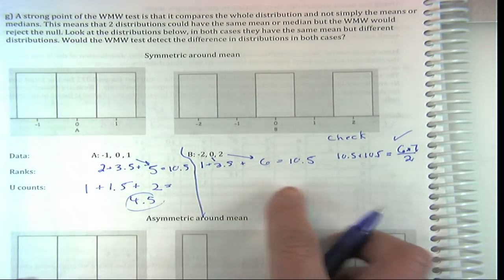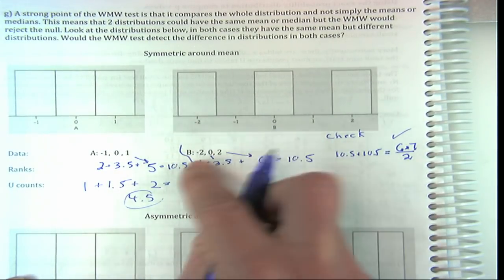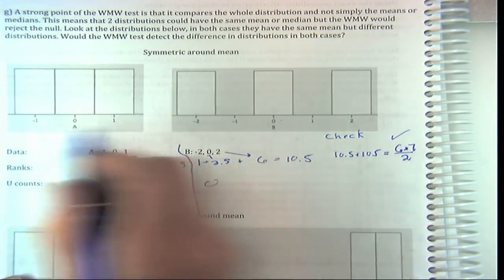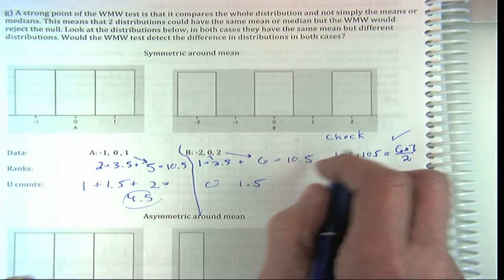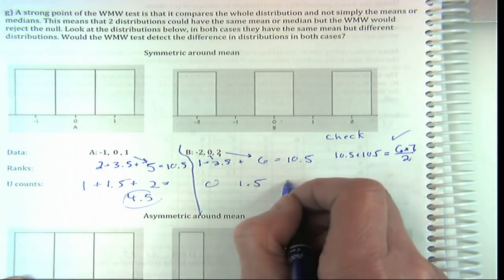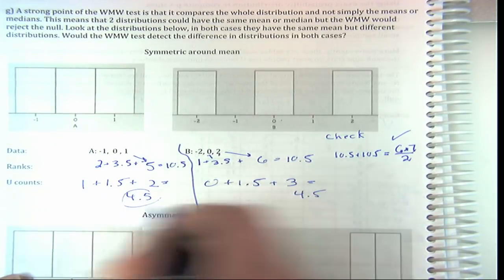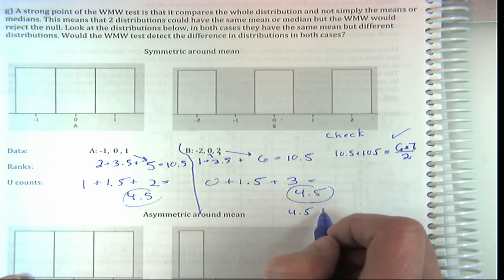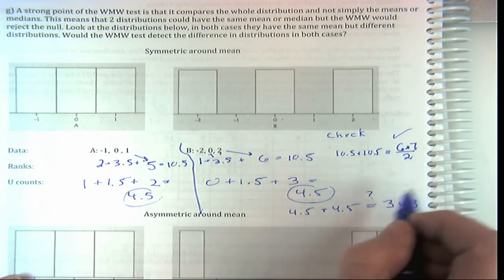And what do we get when we do these? -2 doesn't beat anybody. 0 is 1.5. And 2 beats everybody, right? 2 right here beats all 3 of them. So that's 4.5. And just to make sure we did it right, 4.5 plus 4.5 should equal what? 3 times 3, and it does, so it checks out.